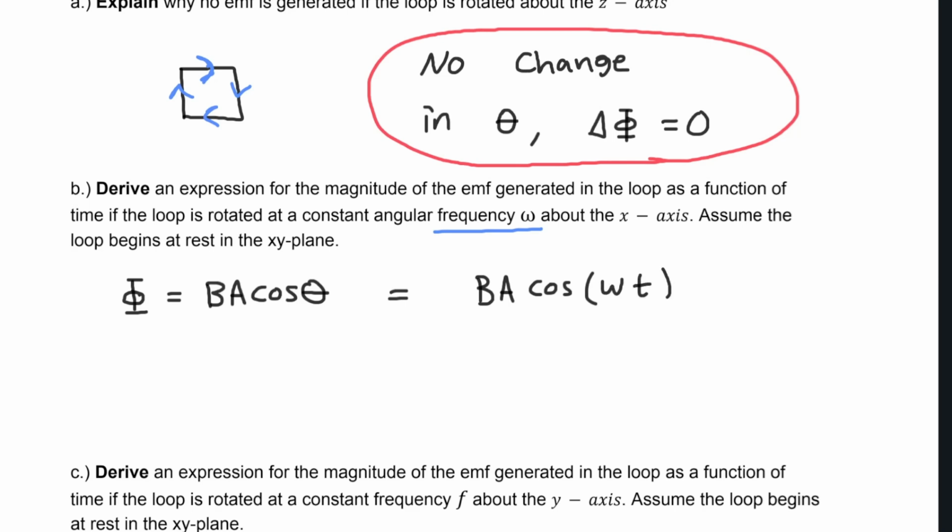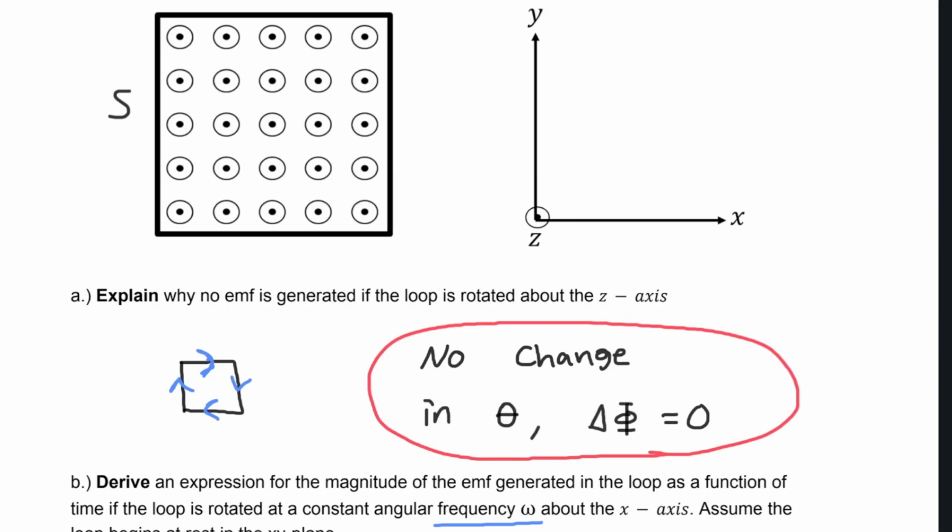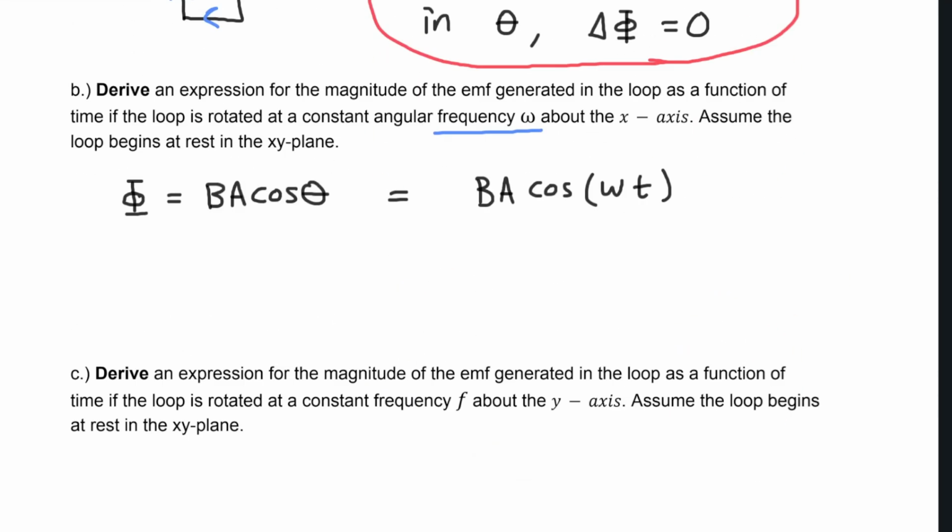Might have been a while since we saw this, but again, angular frequency just is the rate at which this angle is changing, so we can put it as omega t. What else do we know? It's a square of side length s. So we also know we can write this as Bs squared cosine omega t.